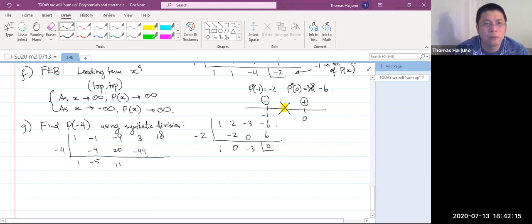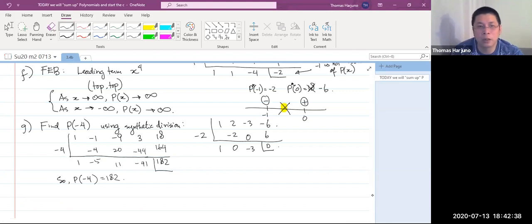This is negative 41, this is positive 164, so this is 182. So P of negative 4 equals 180.